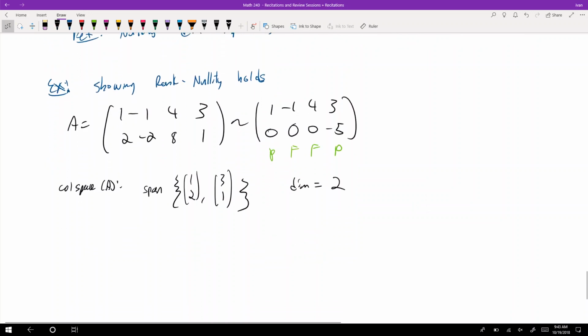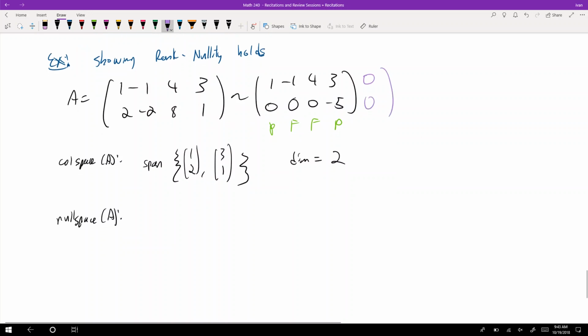Because there are 2 vectors there. All right, and now the null space of A. So this one's a little more involved because we have to find the solution to this equation. So really think of it as an augmented equation with some zeros on the end.